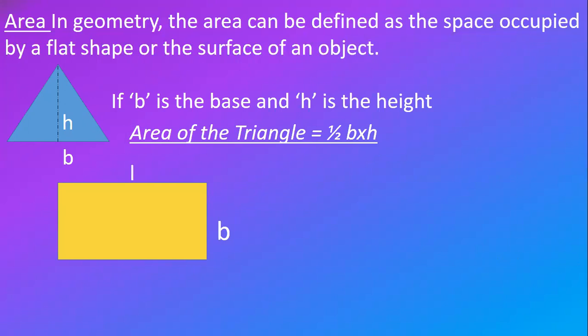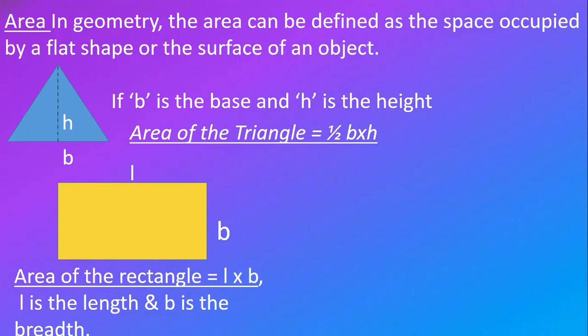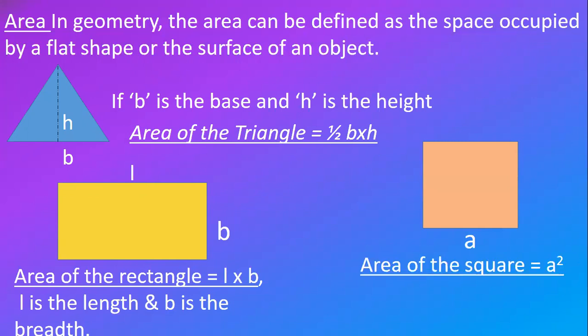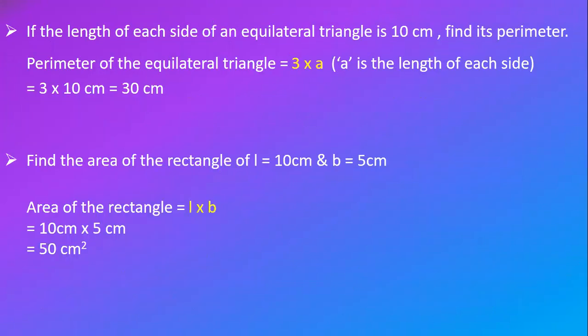In the case of a rectangle of length L and breadth b, the area of the rectangle is L into b. Similarly, in the case of a square of side A, the area of the square is A squared. So now we have expressed the area of that specific geometric shape in terms of an algebraic expression.